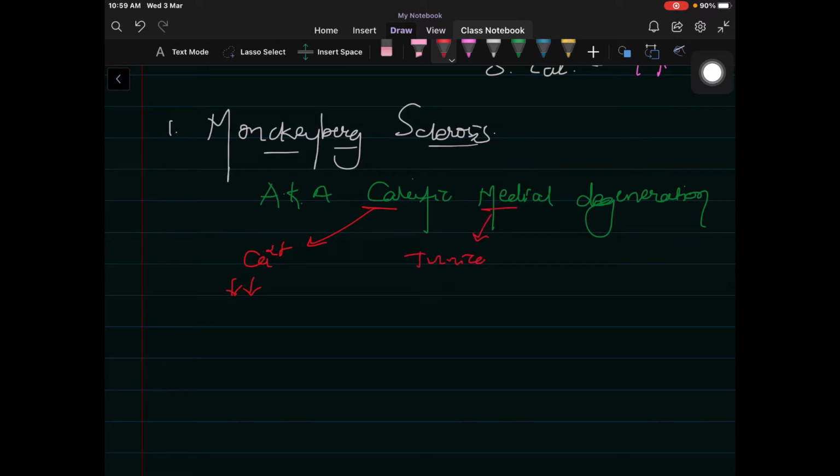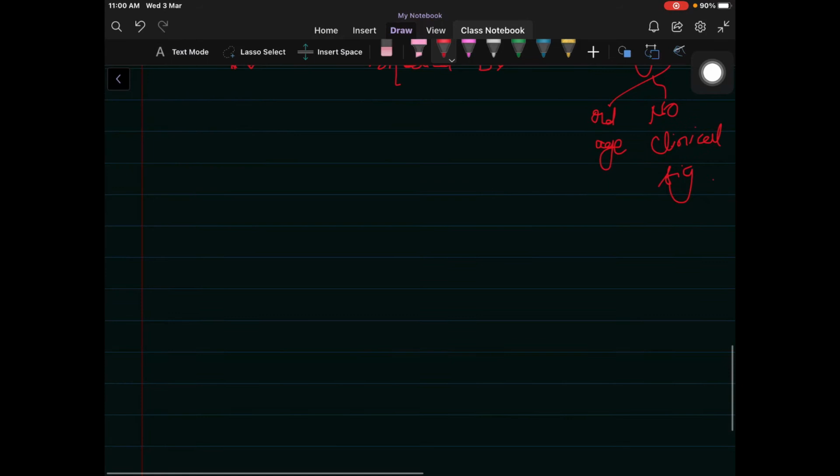From medial, it is deposited in the tunica media, that is the middle layer of the blood vessel. And from degenerative, we can say it is degenerative, seen in old age, or it can have no clinical significance.